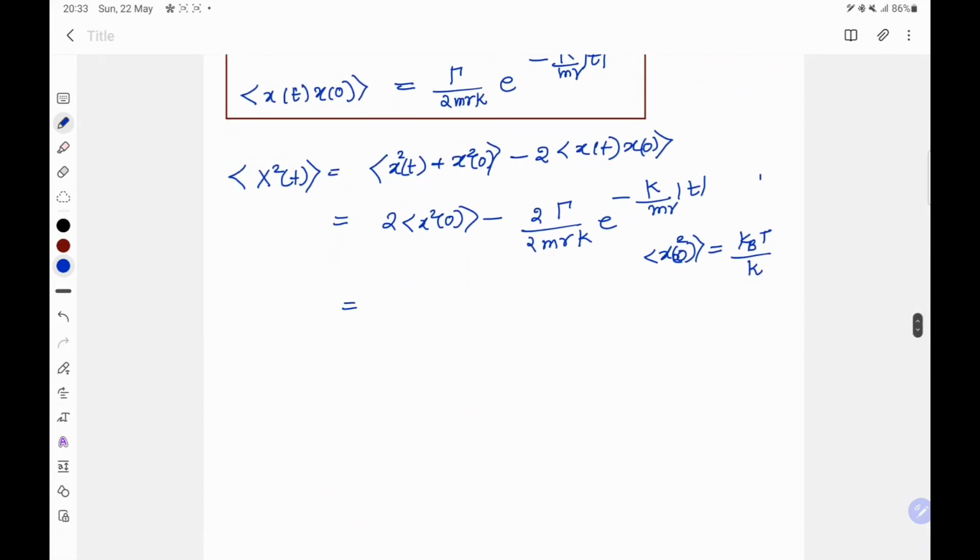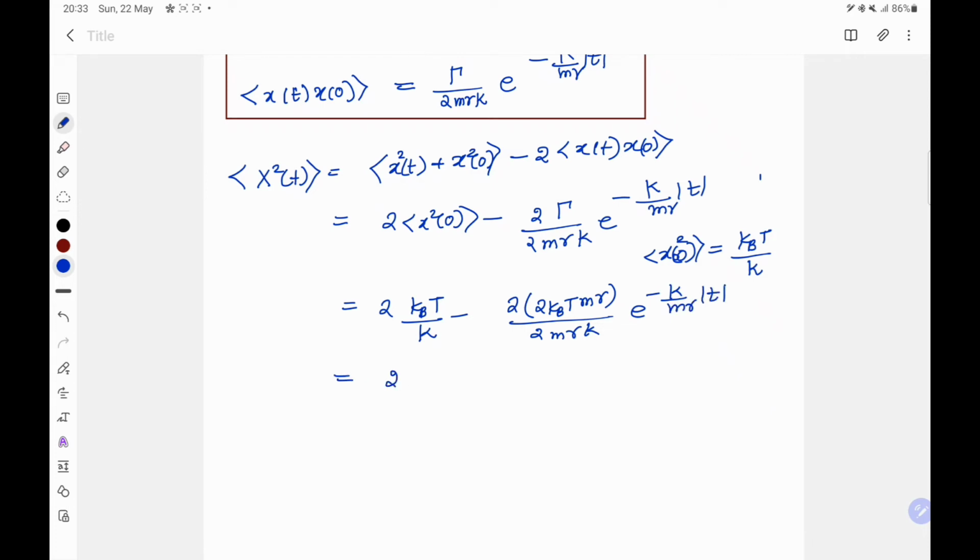We substitute it here, 2 x0 square, 2 kbt over k minus, and this one is 2, so 2 kbt m gamma over 2 m gamma k e to the power minus kappa over m gamma t.